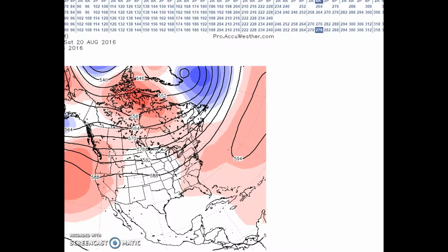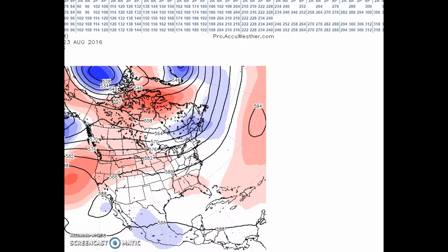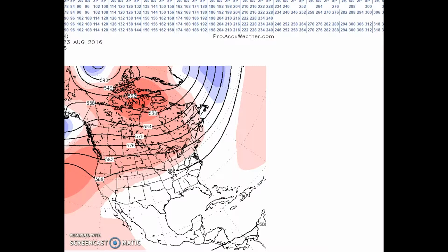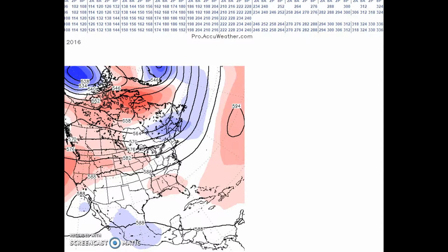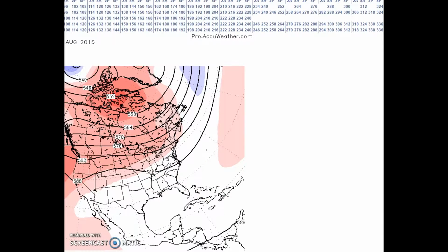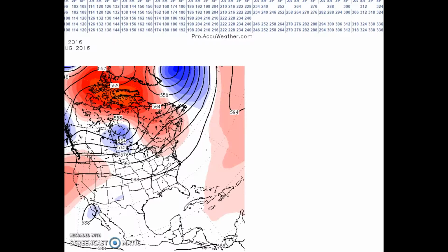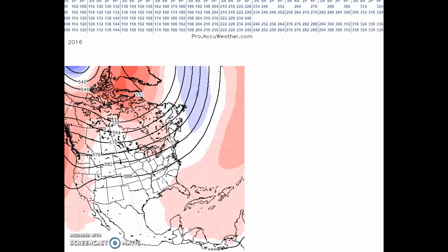And we go to the end of the period, that's the GFS, this is the GFS ensembles. It's weaker though, but it still has a trough. So that's a trough here across the northeast. And then we look at the European, and the Canadian is more flat.